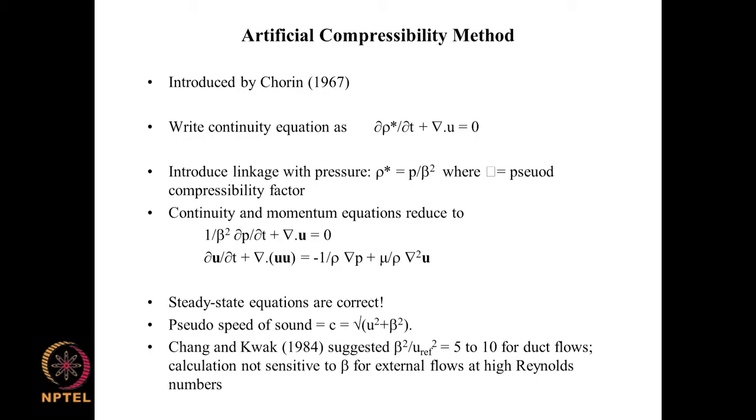At the same time, the extension is such that the method will not give us time accurate transient solutions. So, when we say time accurate transient solution, we are starting with some initial condition because it is a transient flow that we are solving, and so the initial condition is fictitious, the transient is fictitious.